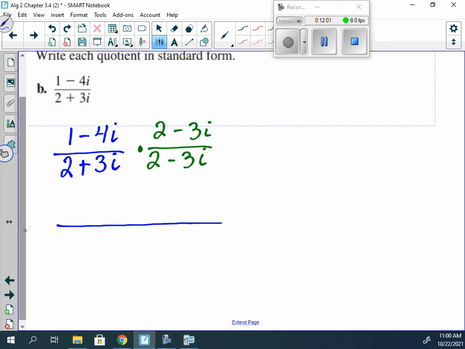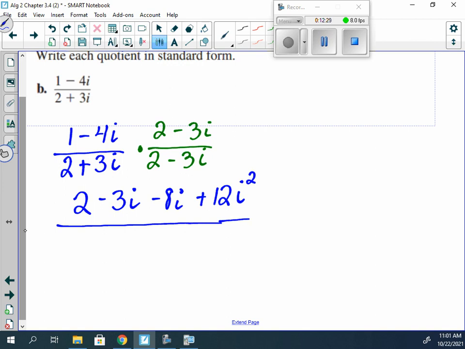So we multiply through the numerator. 1 times 2 is 2, 1 times negative 3i would be negative 3i. Negative 4i times 2 would be negative 8i. And negative 4i times negative 3i would be plus 12i squared.